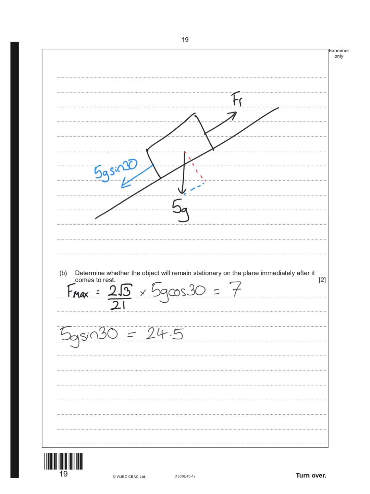So what we can say here is that the amount of weight available is greater than the amount of friction that we've got available to try and stop motion.